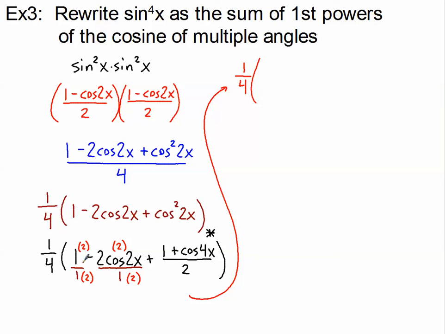2 over 2, actually it's all going to be over 2, so if you don't mind, I'm just going to do one big fraction over 2. The numerator is going to be 2 times 1. Here we've got negative 4 cosine of 2x. And here we've got, well, this numerator doesn't change, so it's still just plus 1 plus cosine of 4x.